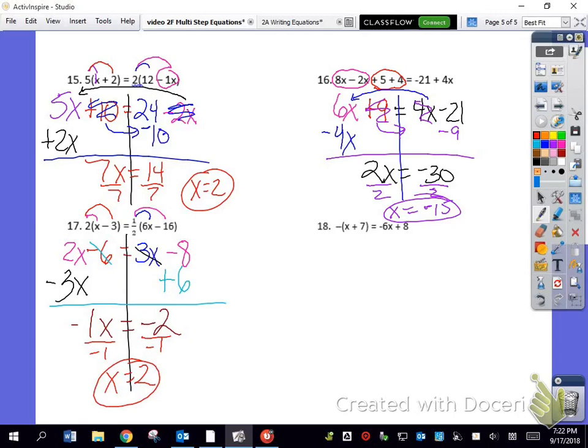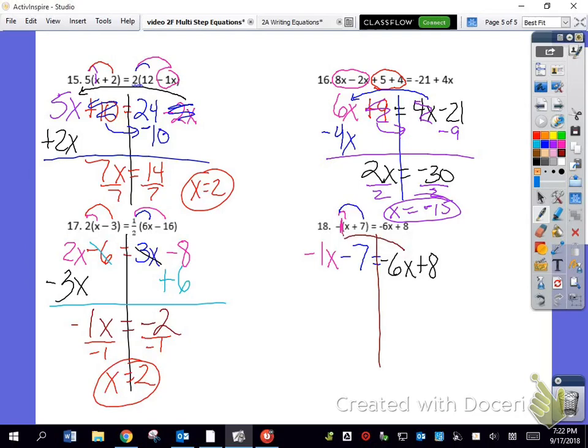Okay, and the last one. When you don't have a number in front of the parentheses, you put a 1 in front of it. So negative 1 times 1 is negative 1x. Negative 1 times 7 is negative 7 equals, and then negative 6x plus 8 just comes down. Now you're ready to move, get the x's on the same side.